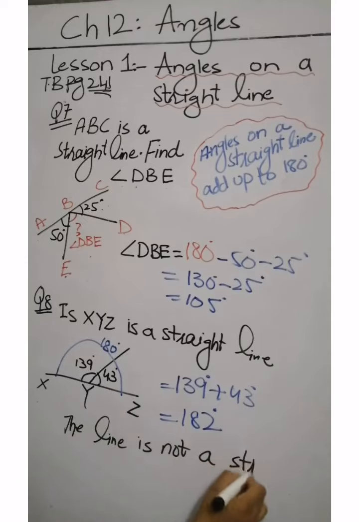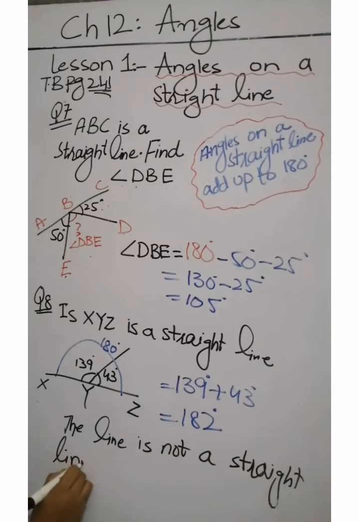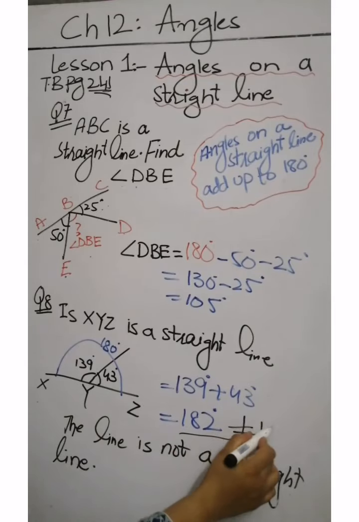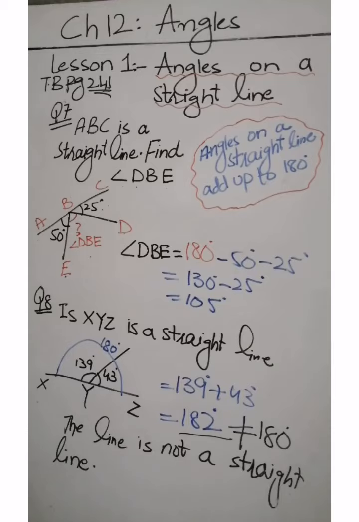The line is not a straight line, as the answer does not prove the property, since it is not equal to 180 degrees. If we get the answer 180 degrees, then the line must be a straight line. So this line is not a straight line.